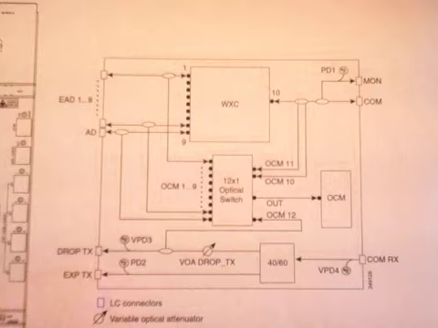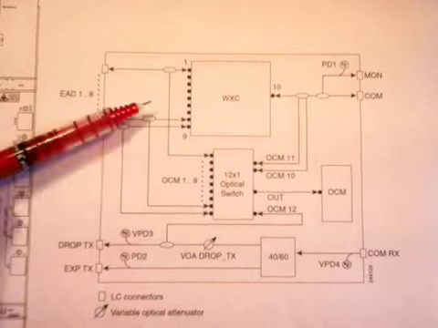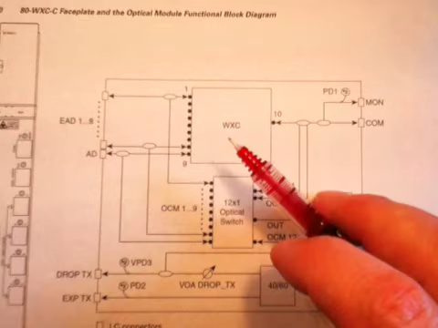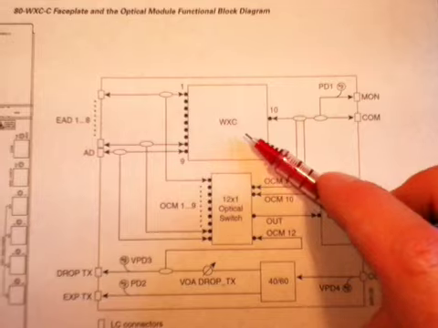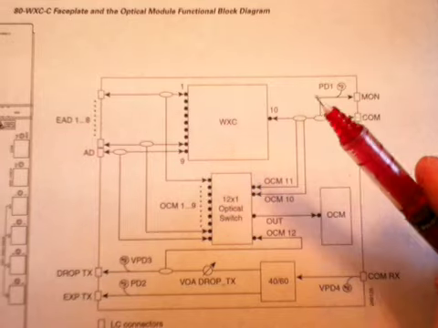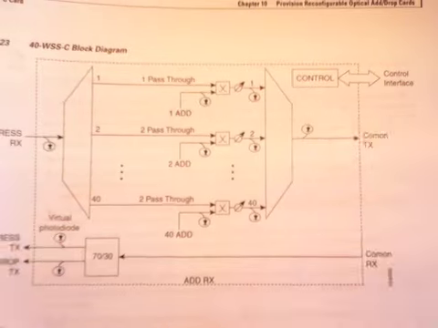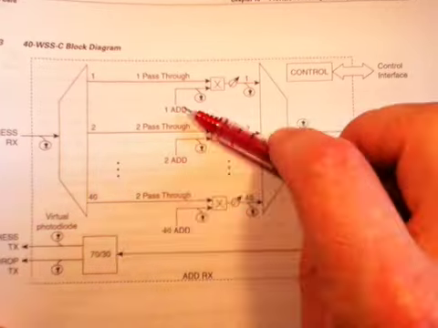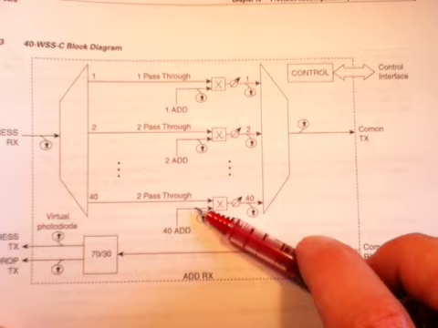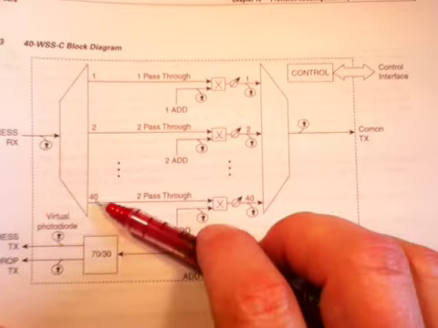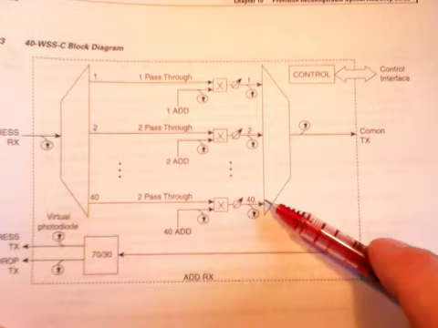On the add side, though, we've got this wavelength cross connect, and this gives us a lot of flexibility because it decouples the wavelength from the port. Remember, on these devices, each of these add ports was tied to a particular wavelength because they were hardwired in, or connected by fiber, to a particular channel in between the AWG demultiplexer and the AWG multiplexer.